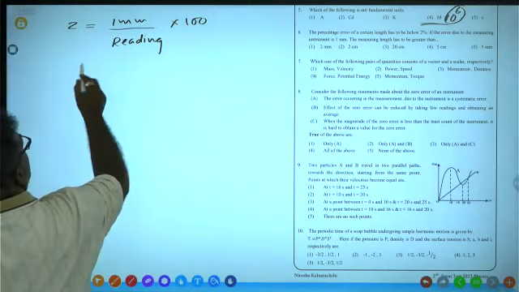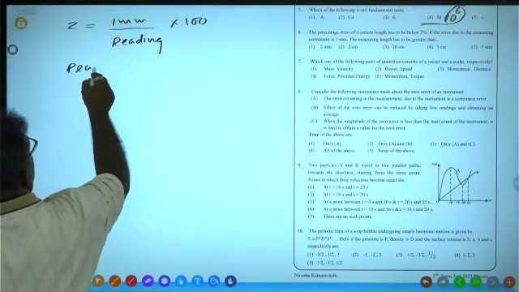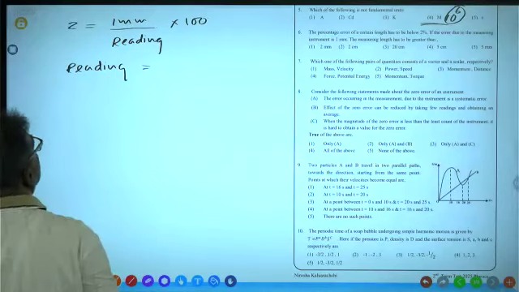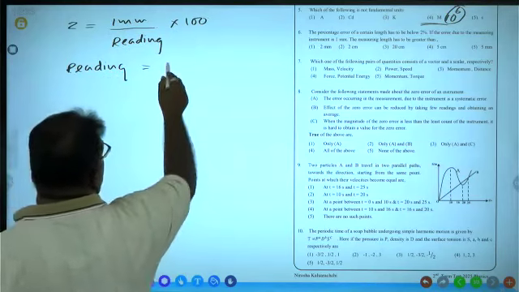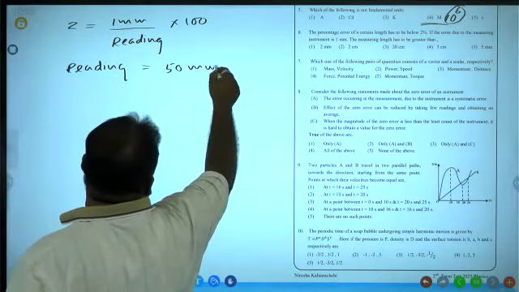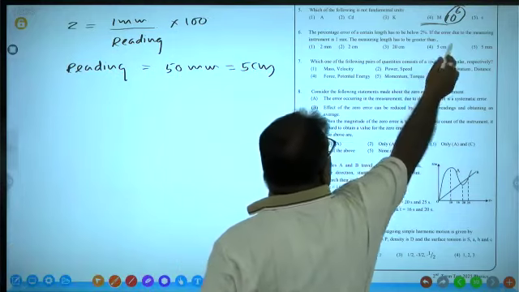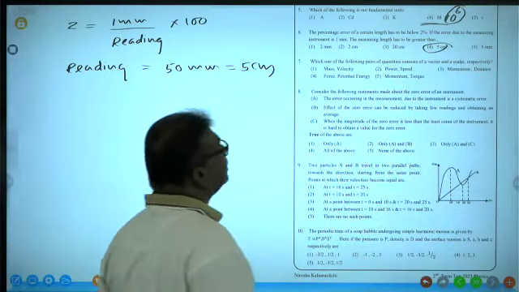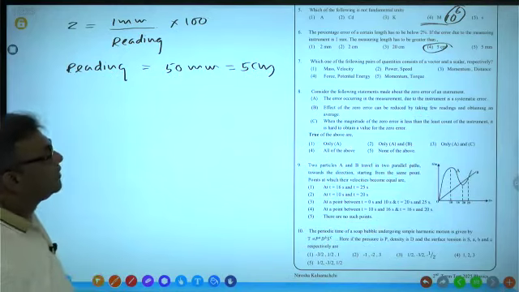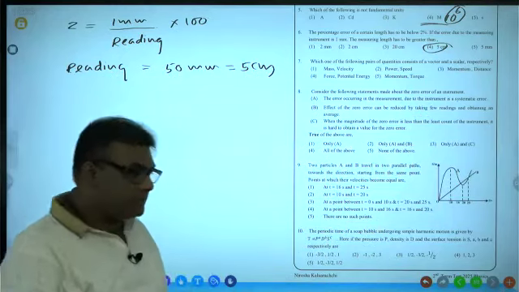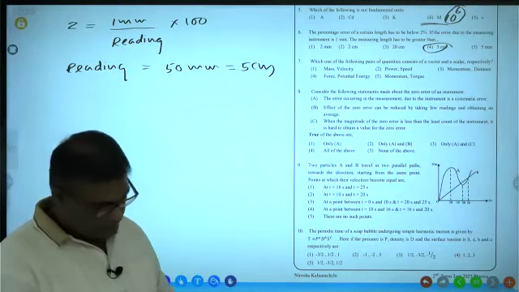Then simplification makes the reading 100 divided by 2, which is 50 millimeters, which means 5 centimeters. Then the length has to be greater than 5 centimeters. Answer is the fourth one.